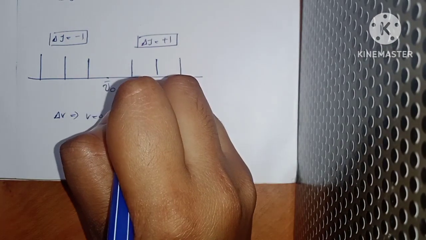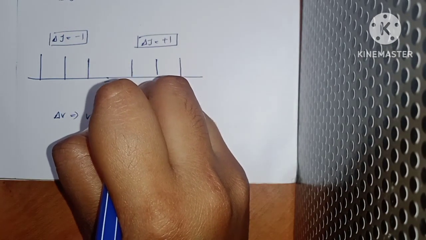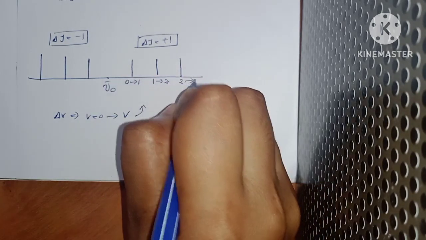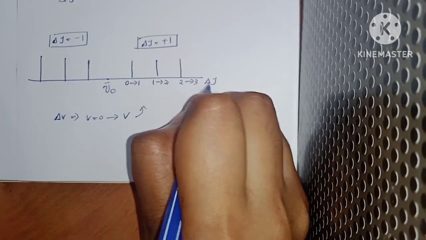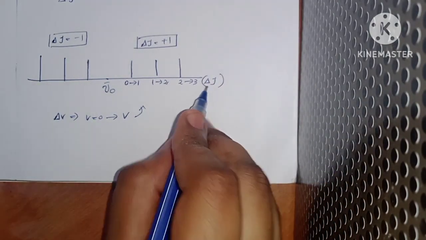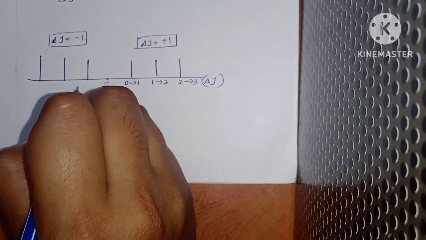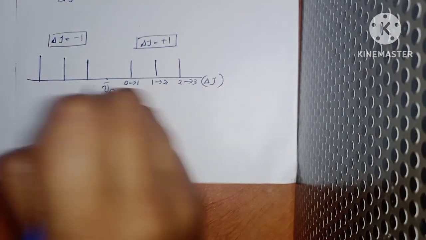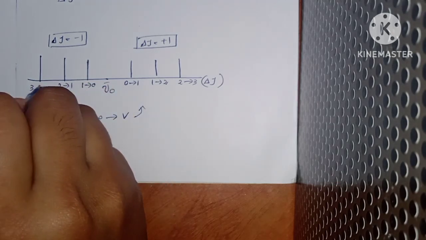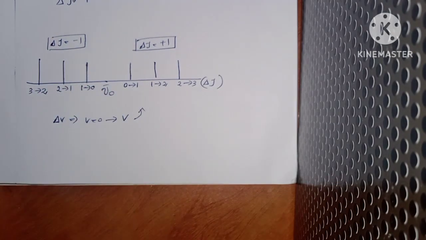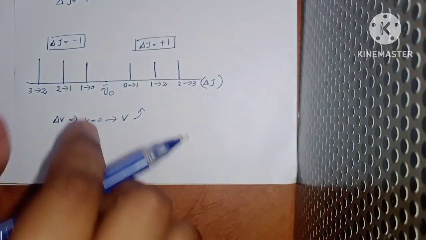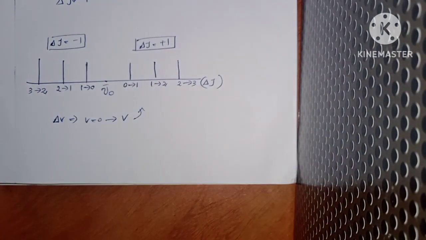For this peak, the transition is from 0 to 1, 1 to 2, 2 to 3. These are delta J, the difference in the rotational energy levels. So here it is 0 to 1, and this is 1 to 0, 2 to 1 and 3 to 2. So this whole set is for delta J plus 1 and this whole set is for delta J minus 1.